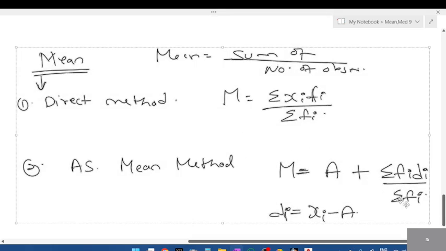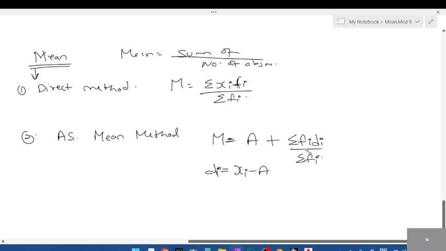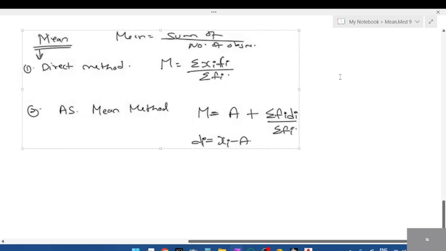Now the third method, last and most important method, step deviation method. Step deviation method is similar to assumed mean method, but we do one extra thing. One extra column is required.